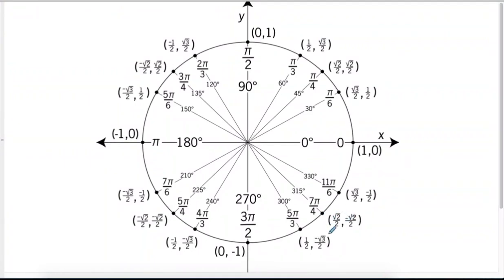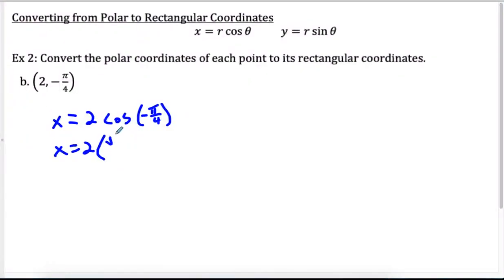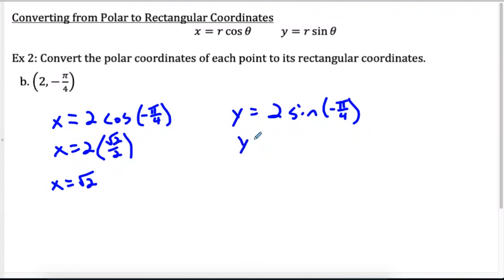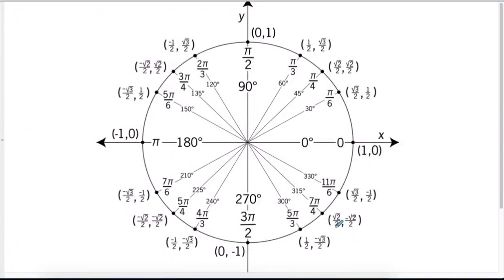So the x value there is square root of 2 over 2. So my x-coordinate would just be square root of 2. For y, 2 times the sine of -π/4. So if we go back to the unit circle, the y-coordinate there was negative square root of 2 over 2.